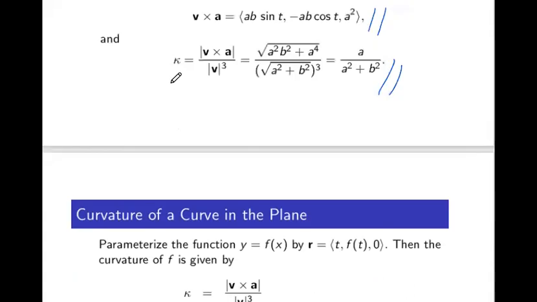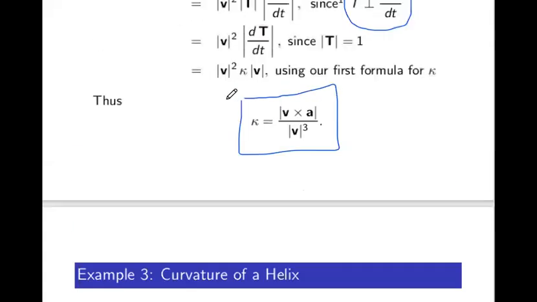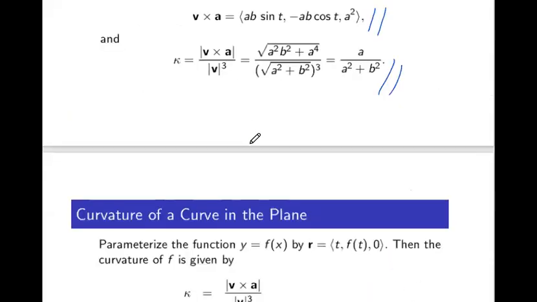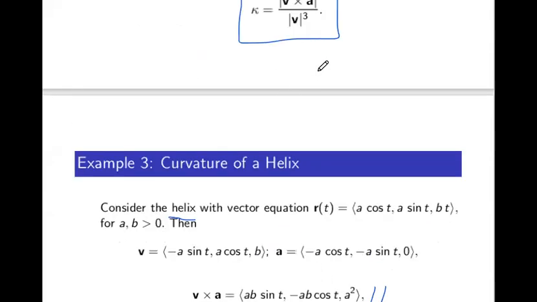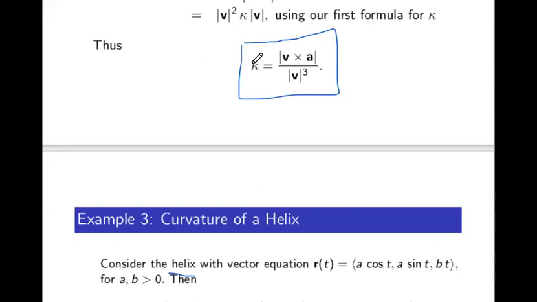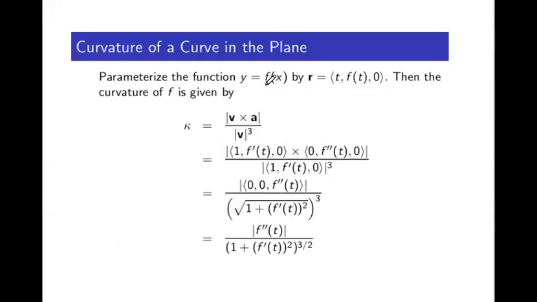Now I use this formula to compute the curvature of a two-dimensional function, y equals f of x. So we write this in parametric form.